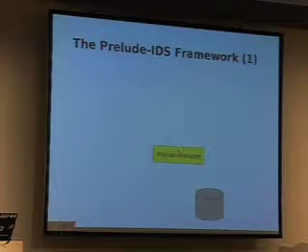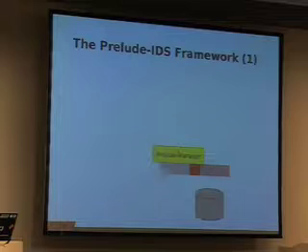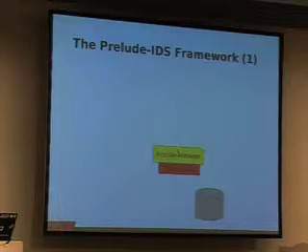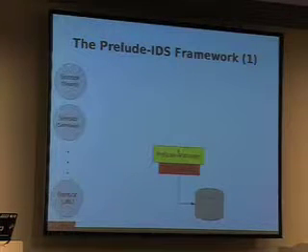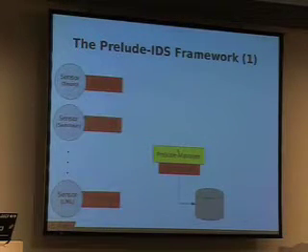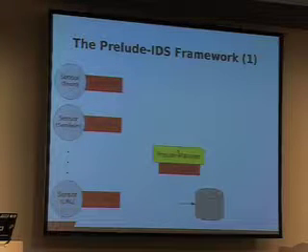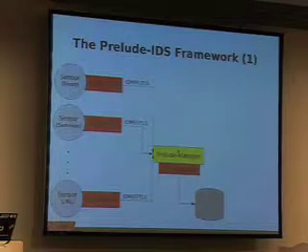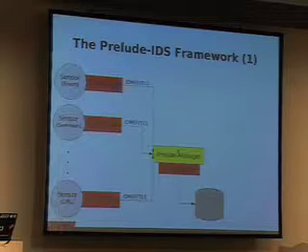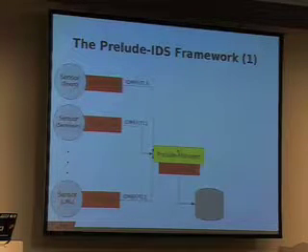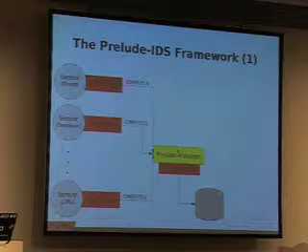This database can be a MySQL database or PostgreSQL. So there is an abstraction layer that handles the access to the database. On the other side, you have your IDS sensors, and these sensors can be connected with a special library to the Prelude Manager. The connection from the sensor to the manager is encrypted with TLS, Transport Layer Security.